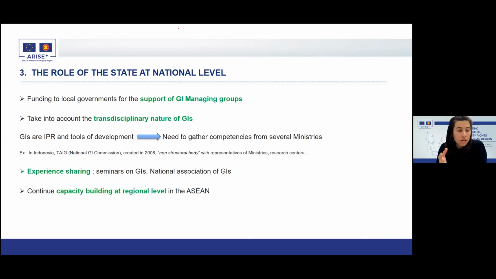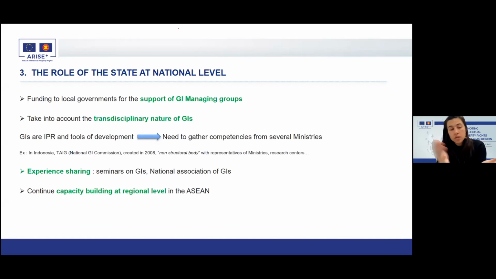The GIs are IPR and also tools of development, and maybe also other tools. So we need to gather competencies from several ministries. It cannot be done only by agricultural services or intellectual property offices, it's a mix of competencies.